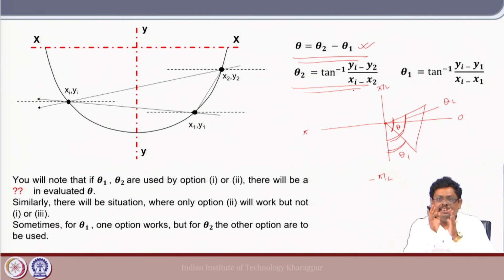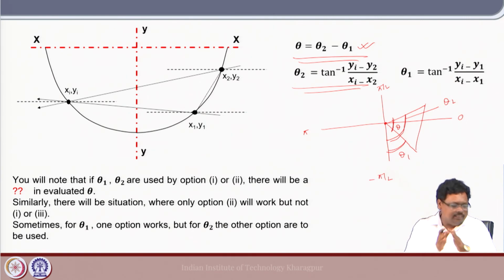See, this is how you have to set the thing. If you blindly always do theta 2 minus theta 1, and always take the limit 0 to pi, then there is a possibility that you really do not get the correct answer. Therefore, one has to be very careful about all these aspects.